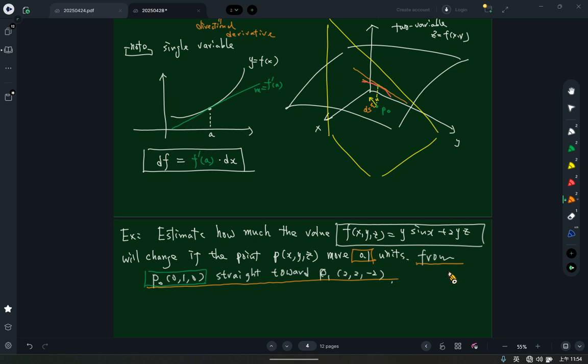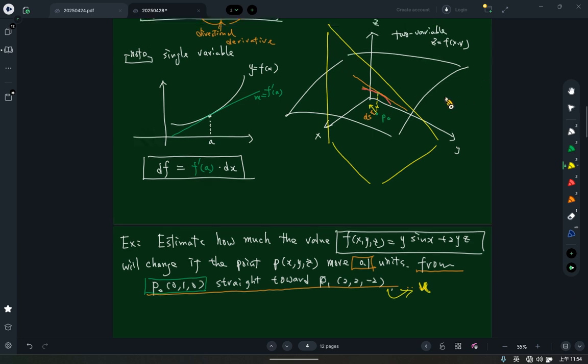So there is hidden information about U. Did you remember U is also very important? So you can see this is the surface, this is the start point P0, and this is the direction, then how much we can move.